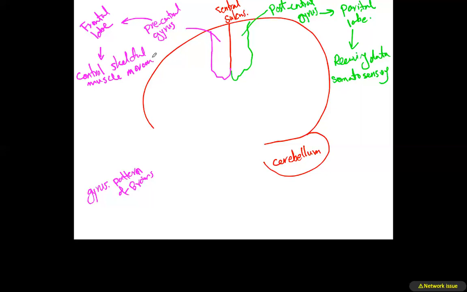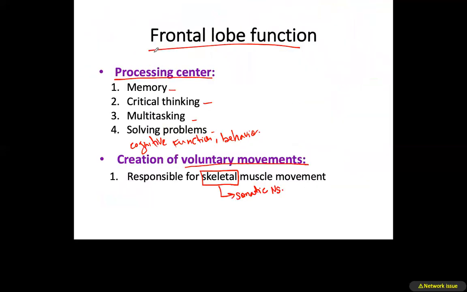So what we identified earlier as responsible for skeletal muscle movement, if I ask you specifically what the region is, you can make a note for yourself, the region would be the precentral gyrus, which is again associated with your frontal lobe.